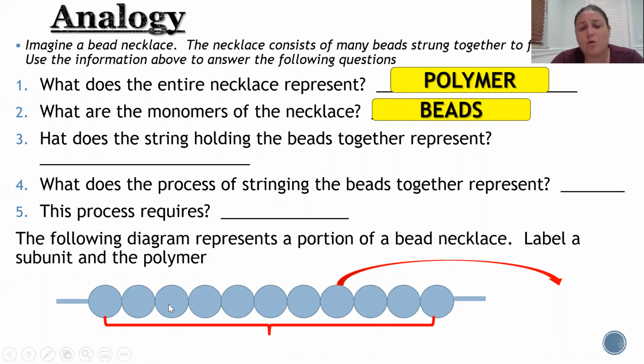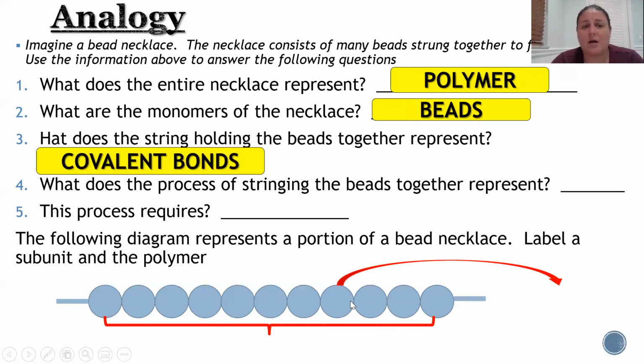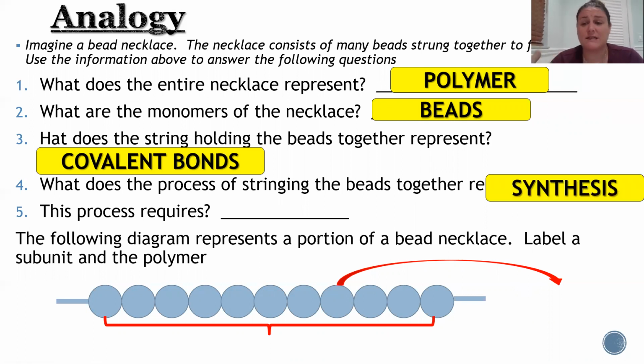And the string that's holding our whole necklace together, well, those are our covalent bonds. They're how all of our monomers are going to be bonded together. And this process of stringing the beads together is going to be that process of synthesis. We're making something that's larger and more complex. And of course, this is a process that requires energy.